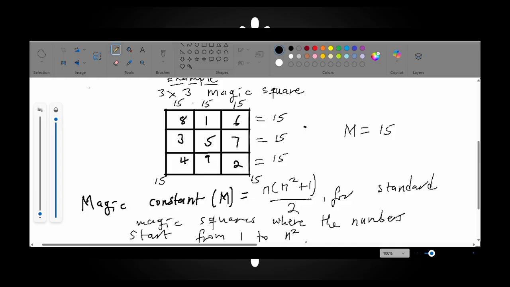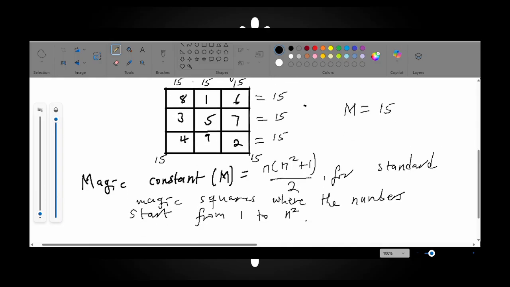And what magic square do we have? The magic square is going to be determined by the number of rows and the columns that we do have. This one we have 3 rows, 3 columns. So this one will be called a 3 by 3 magic square. So in a nutshell, you'll be given some numbers.